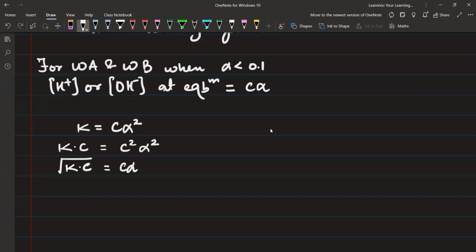And C into alpha is nothing but the concentration of H plus, or if it is a weak base, then the concentration of OH negative. So this will be equal to under root Kc. Simple.